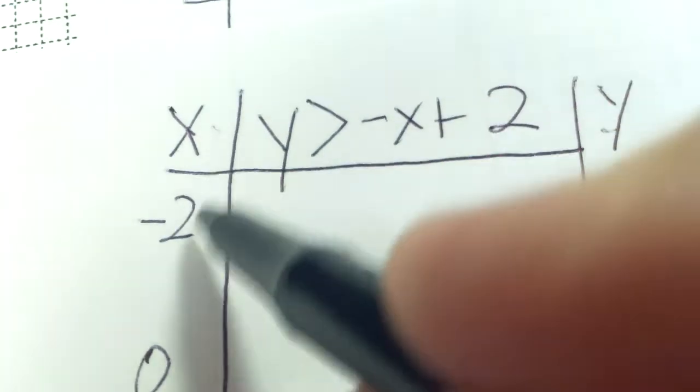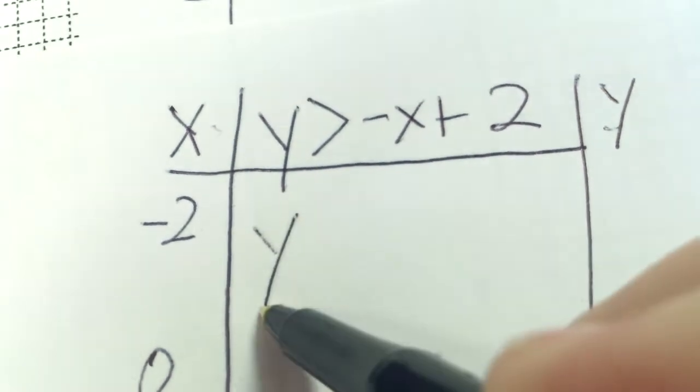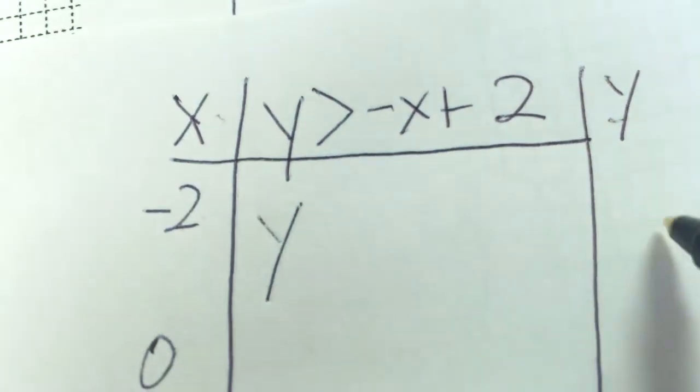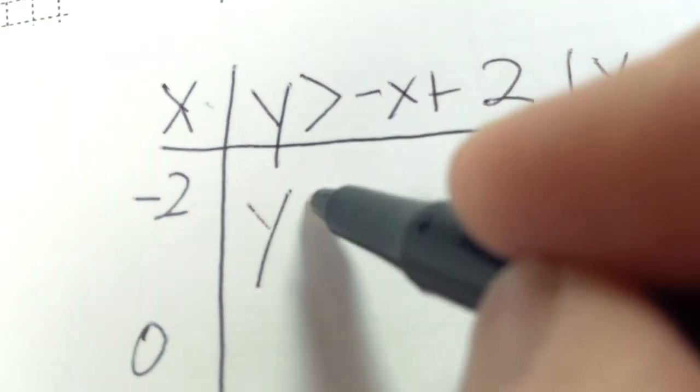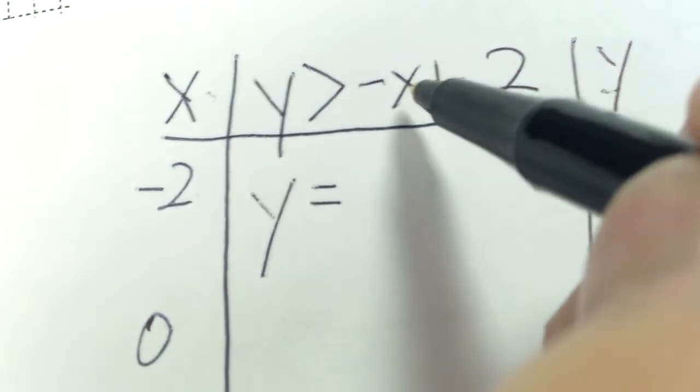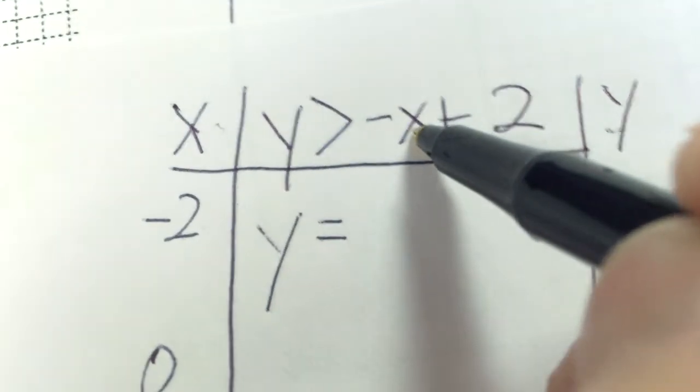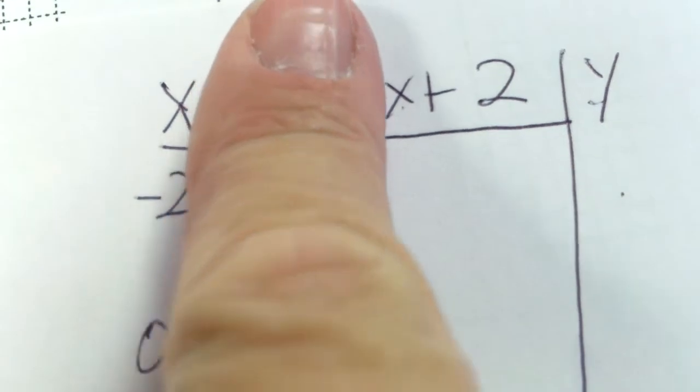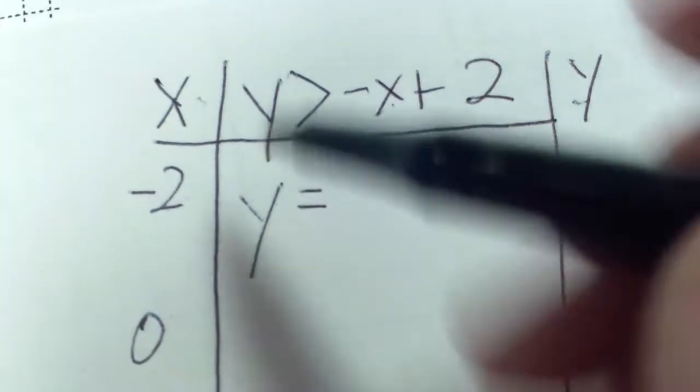These are my x's. So if x is -2, this is going to be y. Remember, when we're just figuring out the points, I can use an equal sign right here. Oh, -x. Okay, x is already -2.